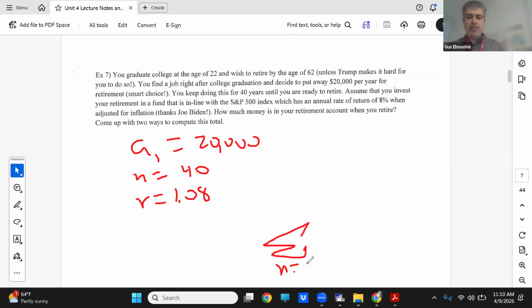We'll do n equals 1 to 41. You go an extra year. You're going to do 20,000 times 1.08 raised to the n minus 1 power. We're going to punch it into Desmos to see what you get.